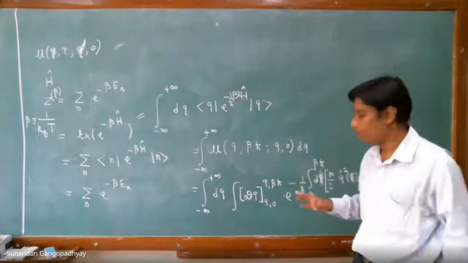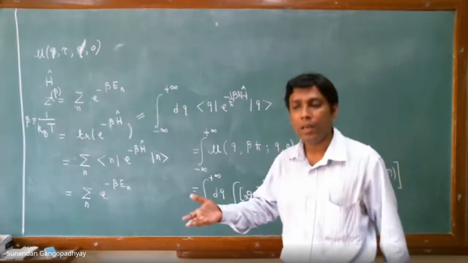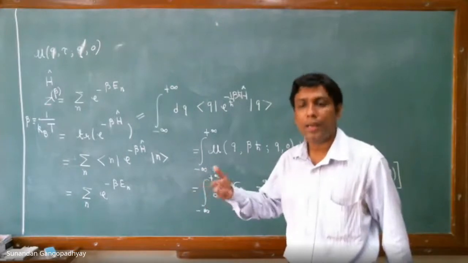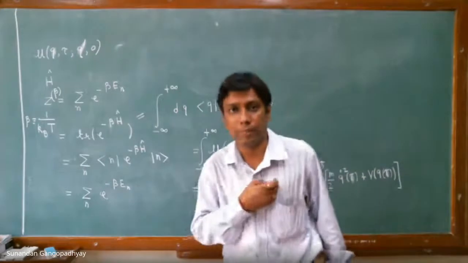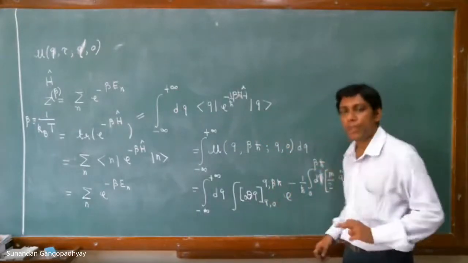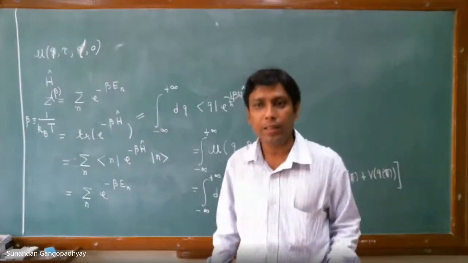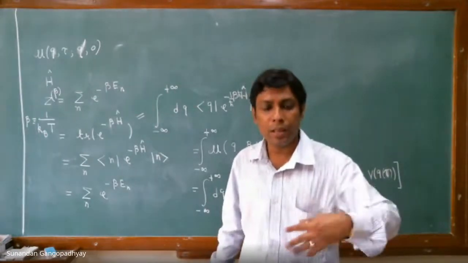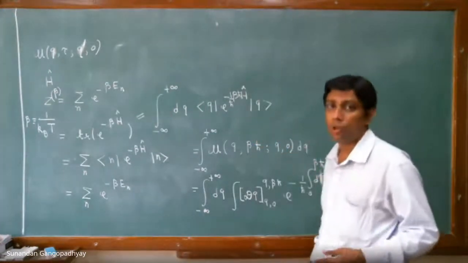So if you set h bar equals 1 and kB equals 1, then this factor is essentially the inverse of temperature. But this inverse of temperature here is playing the role of time. In the imaginary time formalism, this inverse of temperature is playing the role of time.